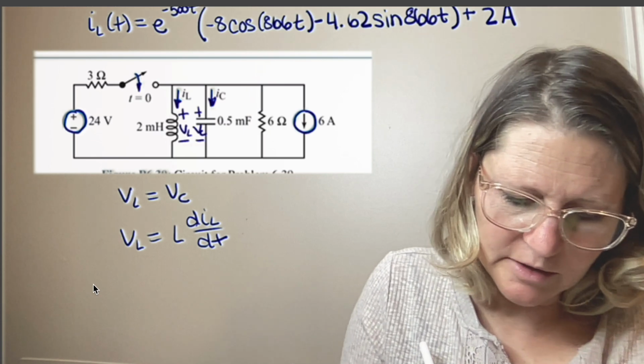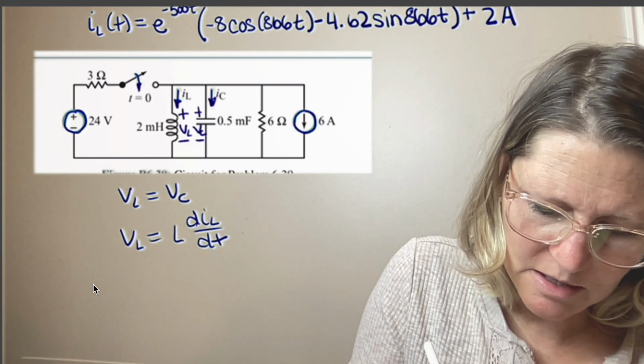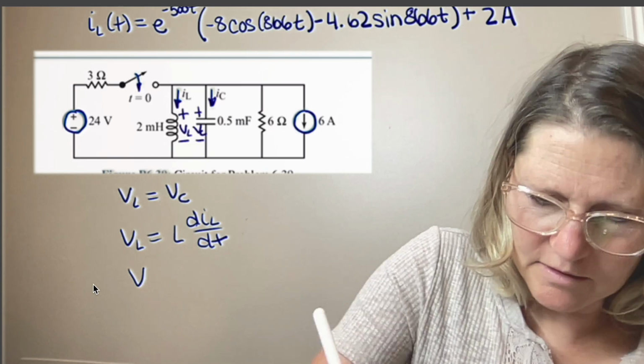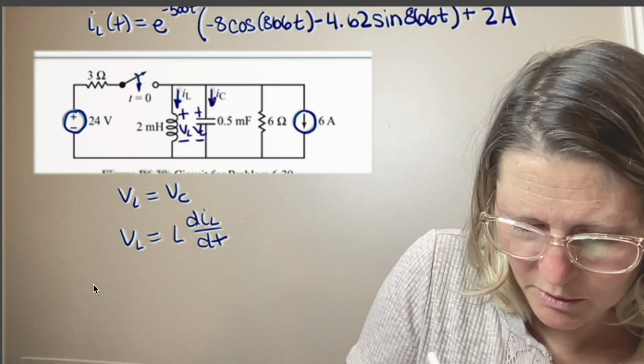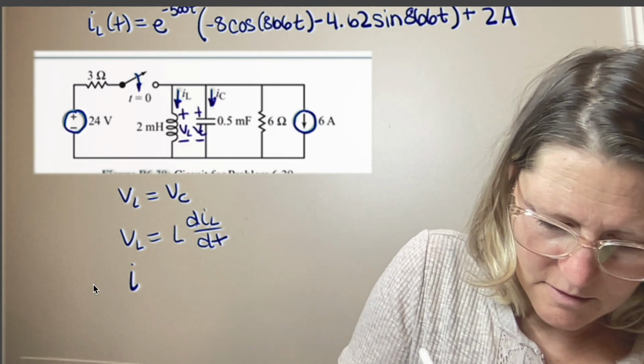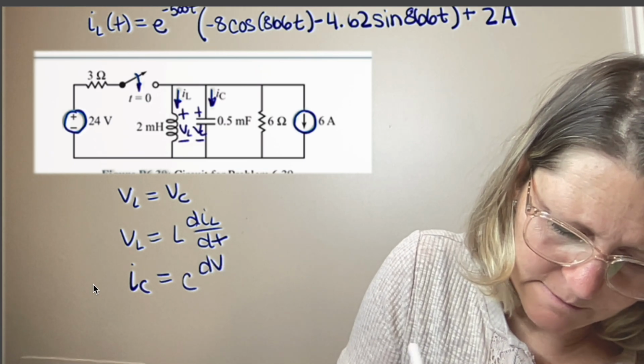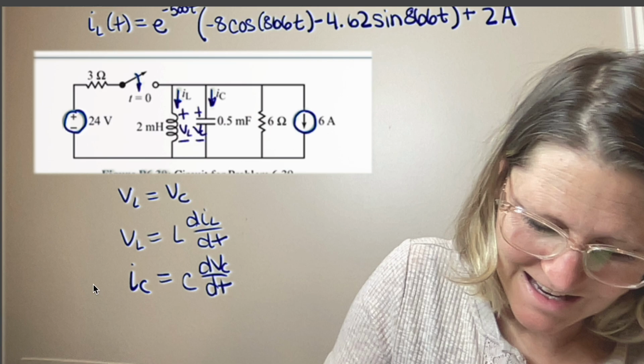And then we know that IC and VC are relatable by C dV/dt. And so we can differentiate this and it becomes LC, and then dVC/dt becomes dIL/dt. And so we can write this as LC IL double prime.